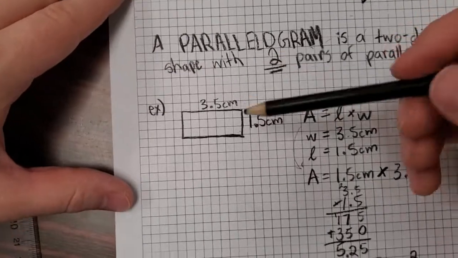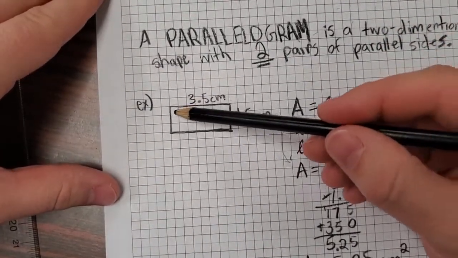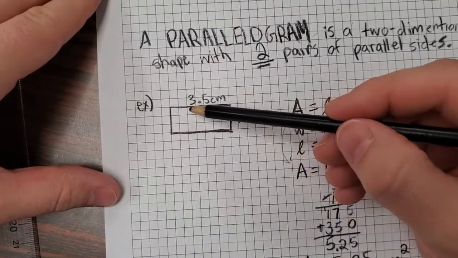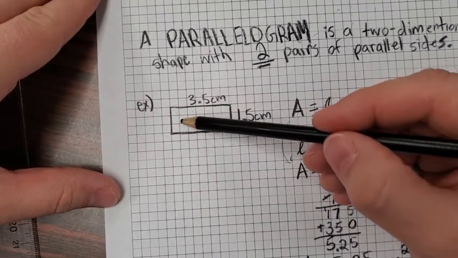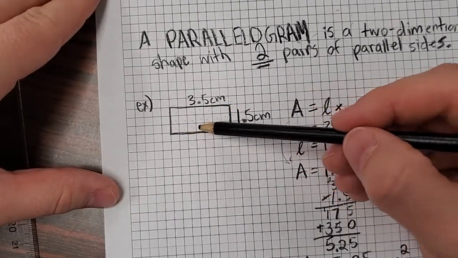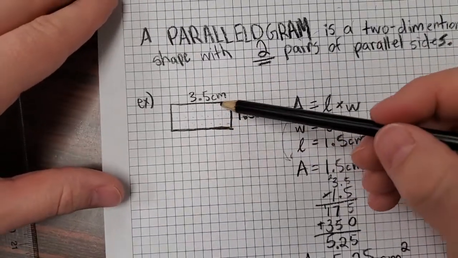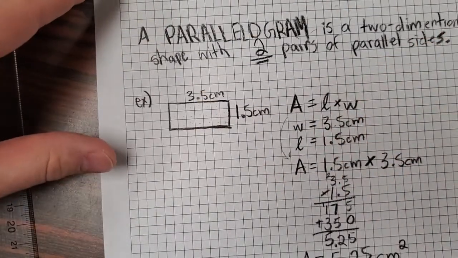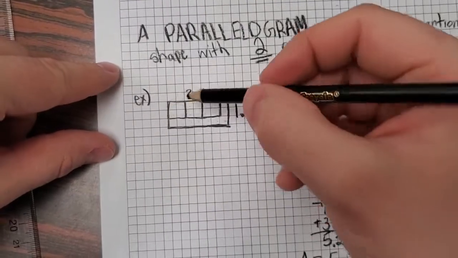Now looking at this here, if we were to count how many of these little squares there were, there'd be 1, 2, 3, 4, 5, 6, 7, 8, 9, 10, 11, 12, 13, 14, 15, 16, 17, 18, 19, 20, 21. So if these were centimeter squares, this would be 21 centimeters squared, but these were actually half centimeters. Every 4 of these is actually a centimeter squared.